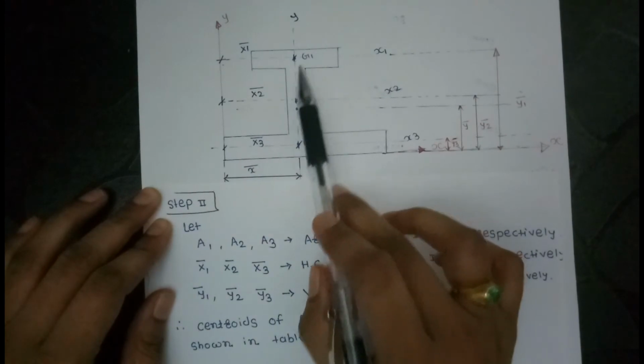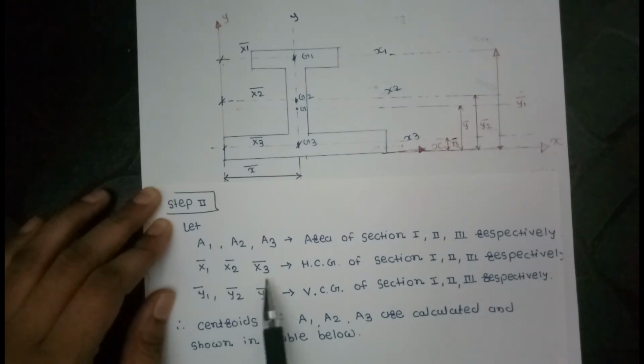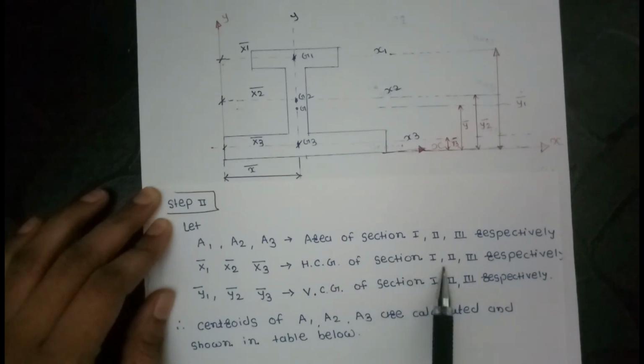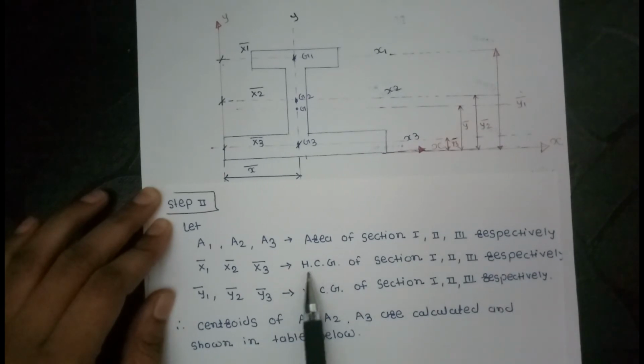X1 bar, X2 bar and X3 bar are the horizontal centroidal distances of section first, second, third respectively. Y1 bar, Y2 bar and Y3 bar are the vertical centroidal distances of section first, second, third respectively.